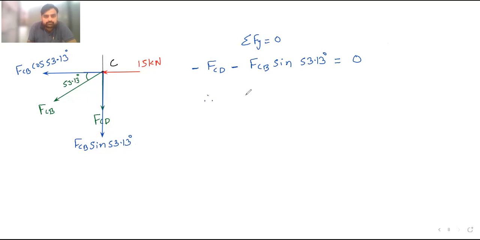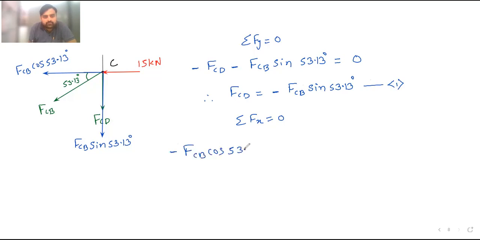So therefore FCD is equal to minus FCB sin of 53.13 degree. This is my equation 1. Now if I apply summation Fx equal to 0, then it is minus FCB cos of 53.13 degree minus 15 is equal to 0, because both are moving towards left.